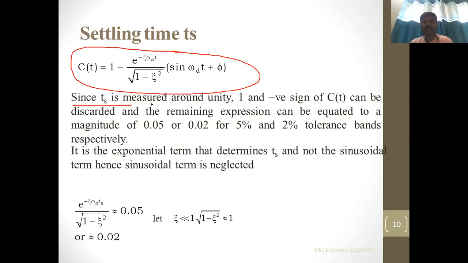Since Ts is measured around unity, the maximum value, the negative sign of c of t can be discarded.